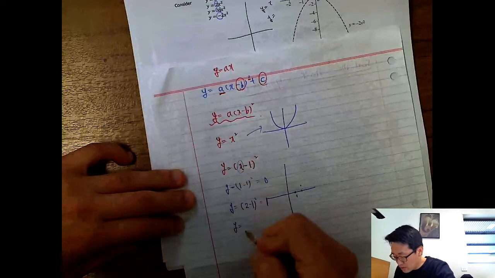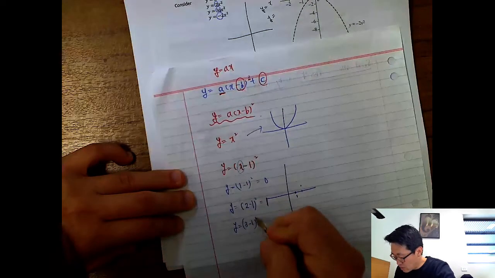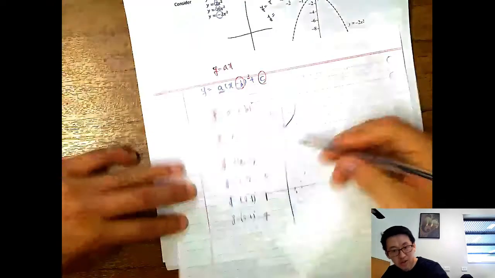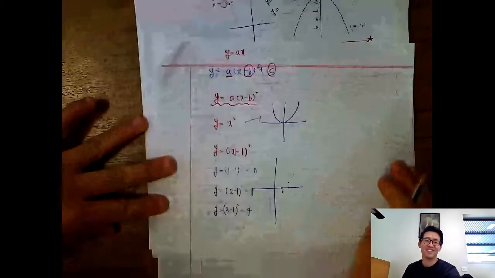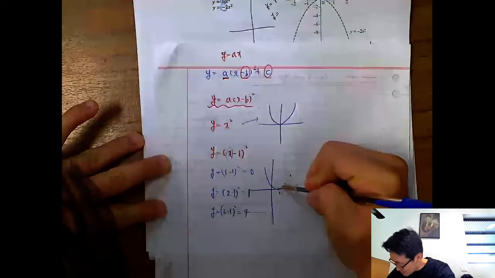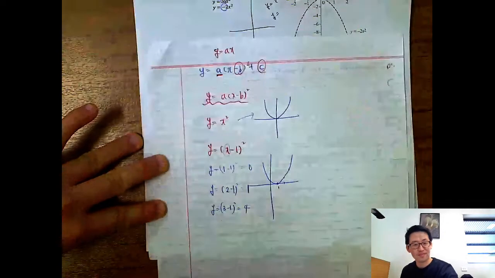When x is 3, 3 minus 1 is 2, squared, so we got 4. If I continue that, I'll have something that looks like this.